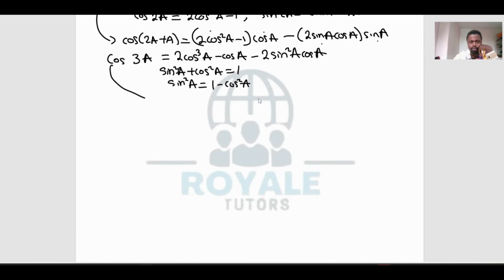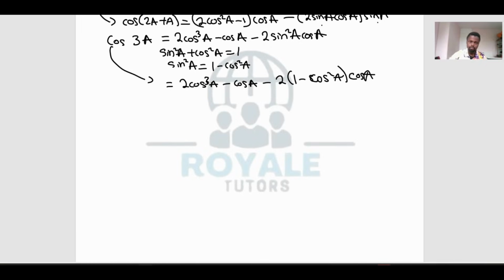So I'm going to bring it here. So you have 2 cos cubed a minus cos a minus 2 into bracket 1 minus cos squared a, times cos a. So I have changed my sine squared a to 1 minus cos squared a.